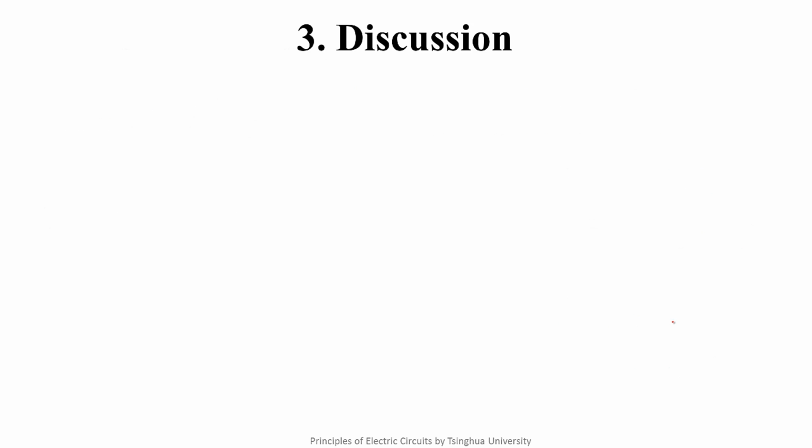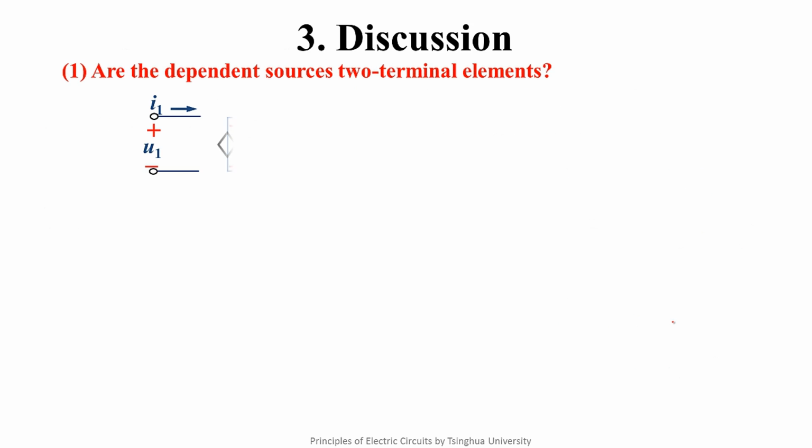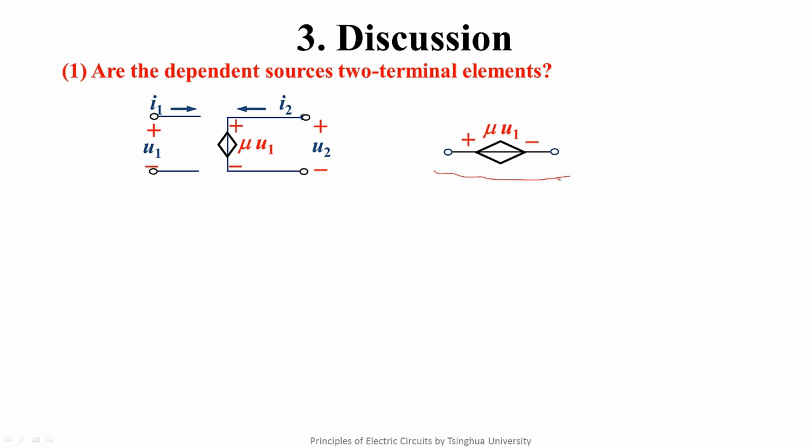At last, we will talk something about it. We will be faced that the controlled sources are always drawn like this. So students may consider the controlled sources as a two-terminal element. It has two terminals. But why do we draw it as four terminals in the previous slides?